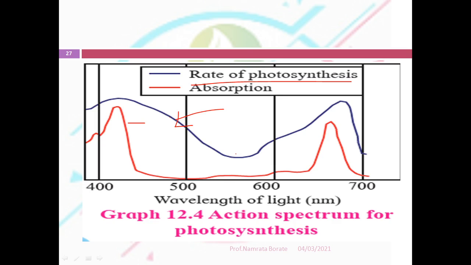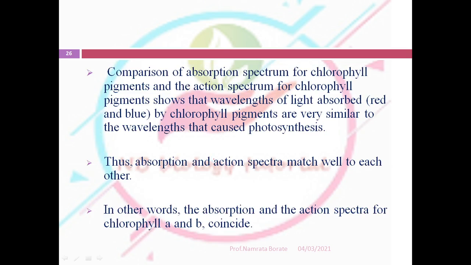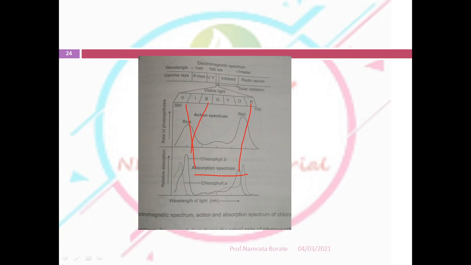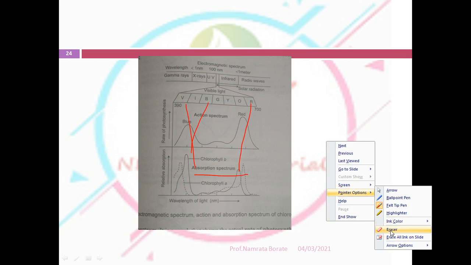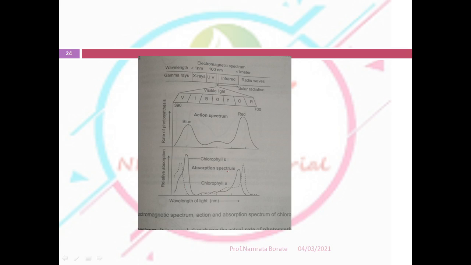So what is the difference between the absorption spectrum and the action spectrum? We see with the help of this graph. The first one is the absorption spectrum, and the second one is the action spectrum.